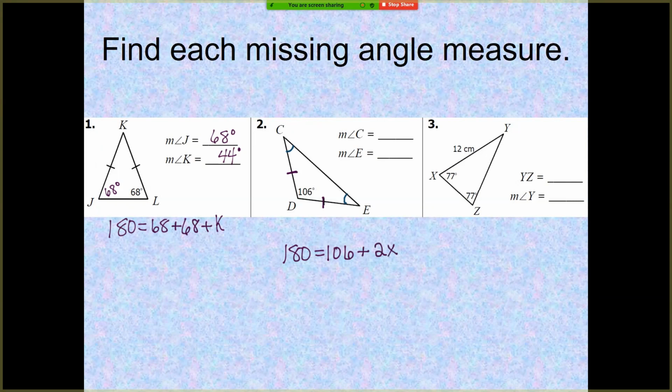So then I would solve this. I'd subtract 106 from both sides. So 74 equals 2x, divided by 2, and x equals 37. That means that both of these angles, since they have to be congruent, are going to be 37 degrees.